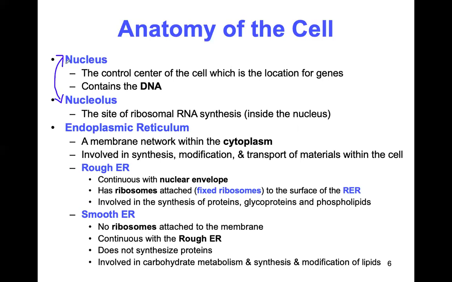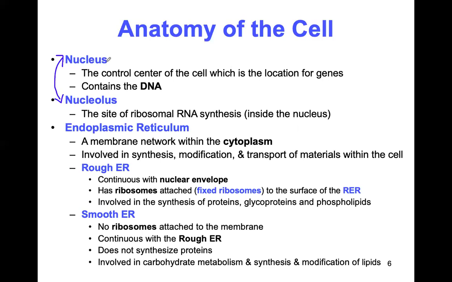So the nucleus, which is the larger, is the control center of the cell, and that's where all the genes are located. And that contains your DNA, your deoxyribonucleic acid. The nucleolus, which is the pit in the center of the nucleus, is the site of ribosomal RNA synthesis.